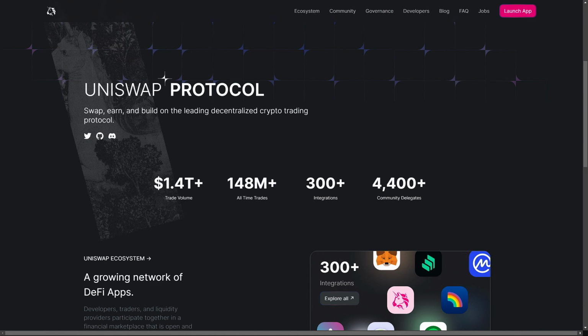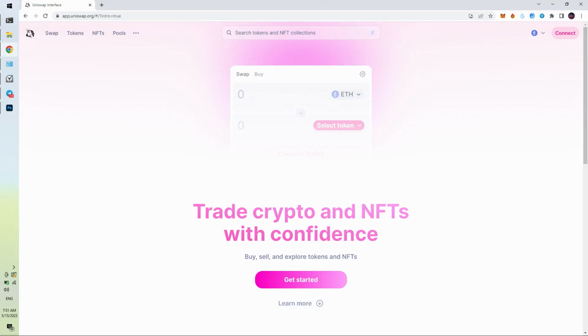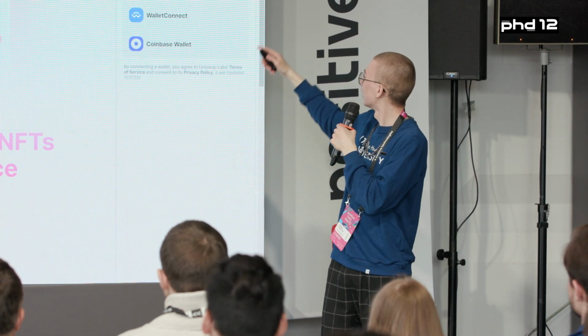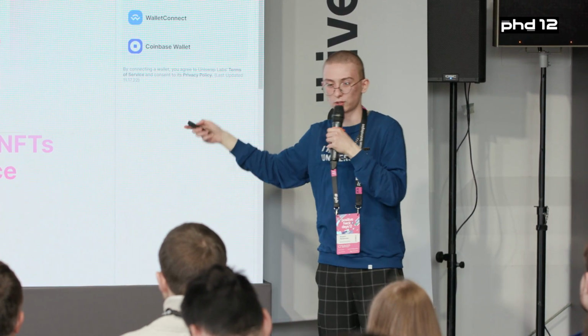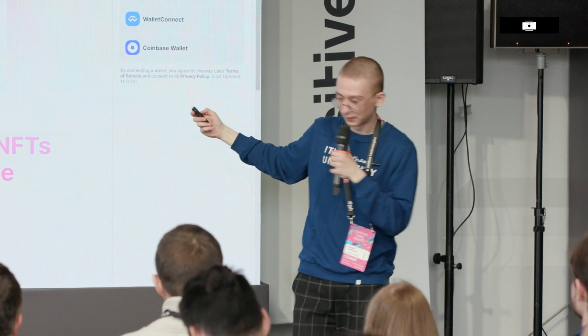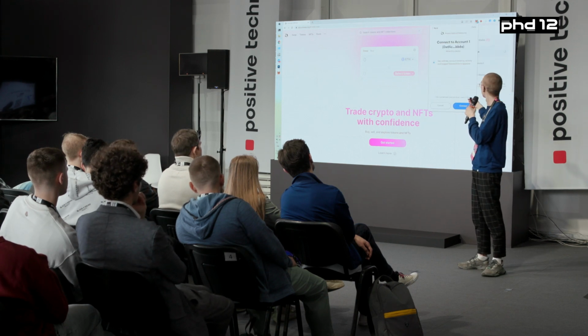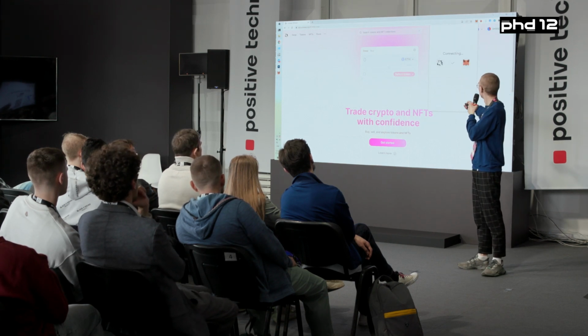For example, there is a popular website, Uniswap. We go there, we click on launch app. And by the way, I spoke about the wallets, and now we will see how this extension works for a typical website which works using smart contracts. So now we click connect, we select the wallet, in our case it's MetaMask. Then we select our account. I have multiple accounts, you probably would have only one account.